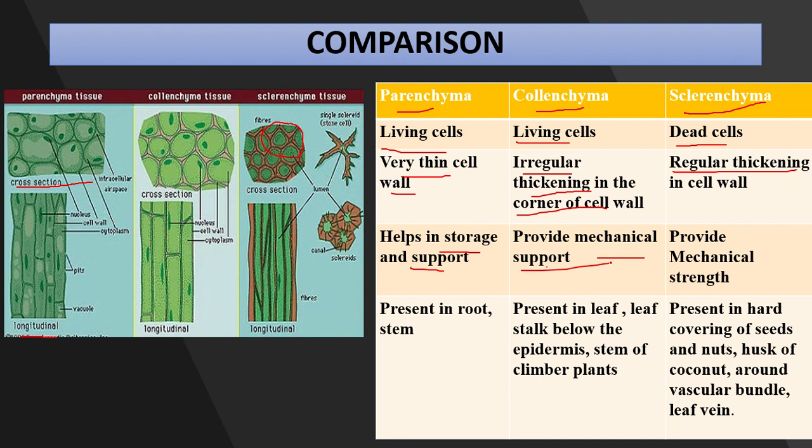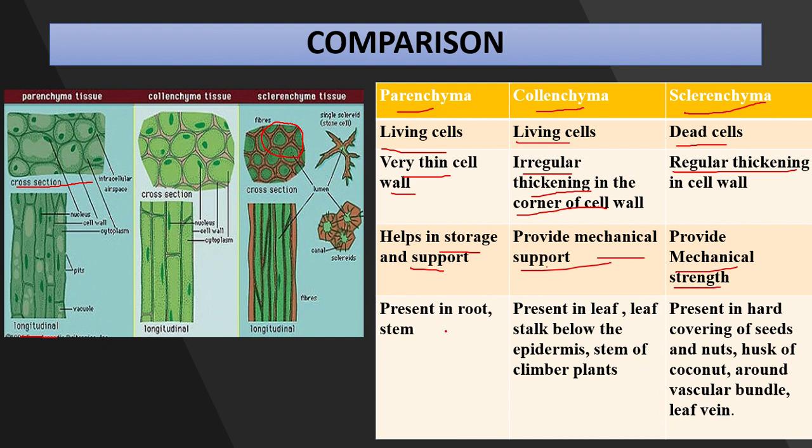It is also responsible for providing flexibility. And as I just told you, in the cell wall of sclerenchyma there is a cement-like material called lignin. Because of lignin, the sclerenchyma is responsible for providing mechanical strength.